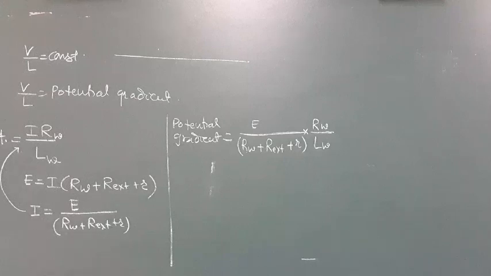First, remember the formula. Potential gradient is given by E, the EMF of the cell, divided by the total resistance, into resistance of wire divided by length of wire. This is a simple formula for the potential gradient.